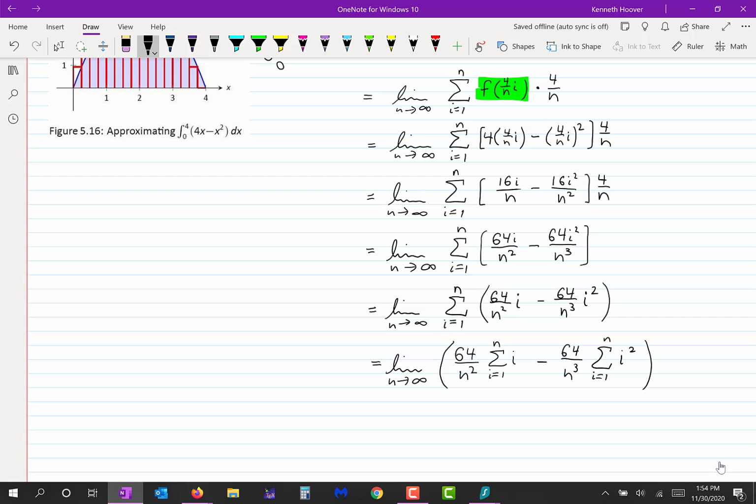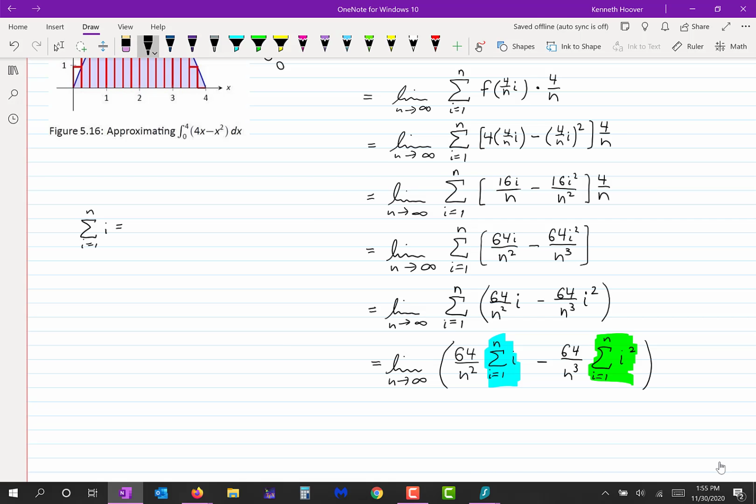Now there's a formula for each of these. I don't know if you know the formula or not. I meant to write it down first before we even started, and I forgot. So I'm going to write it down for you right now. You don't need to know these, and I don't expect you to know them. This is information I'm giving you.